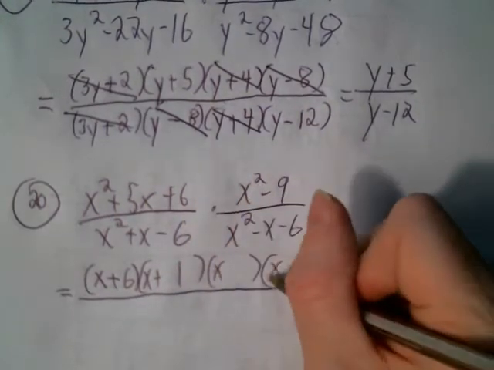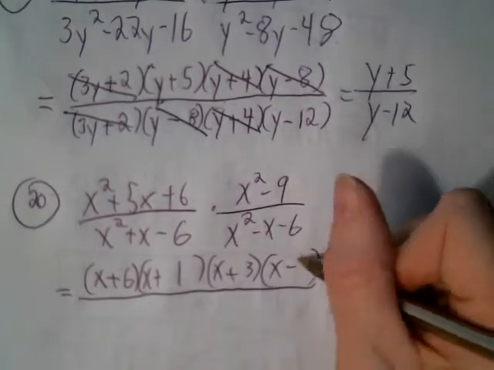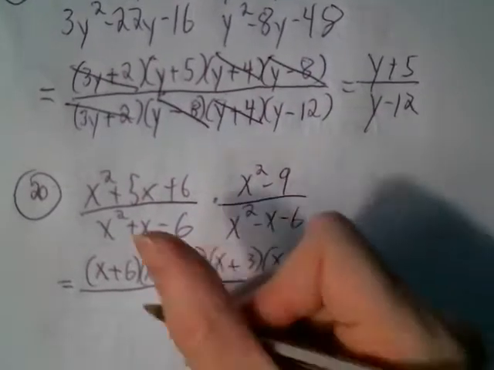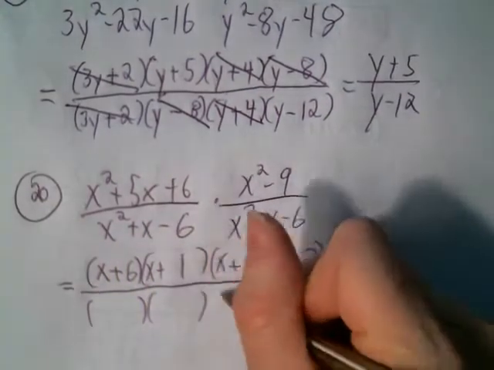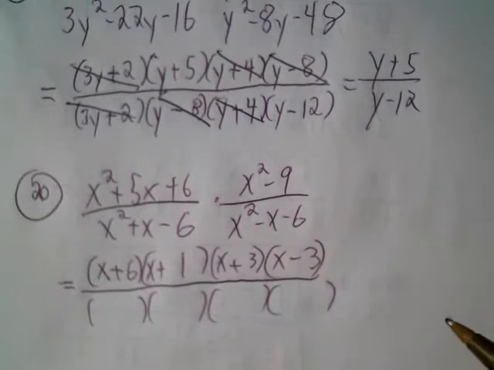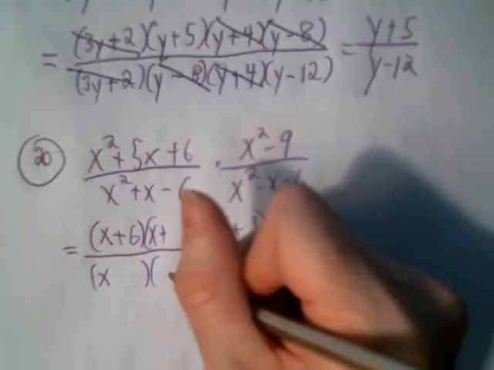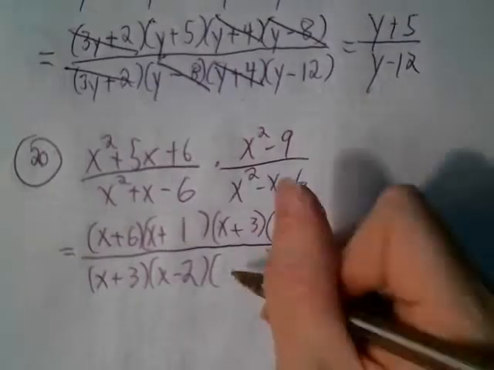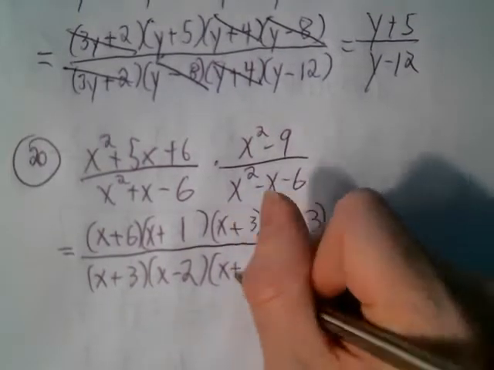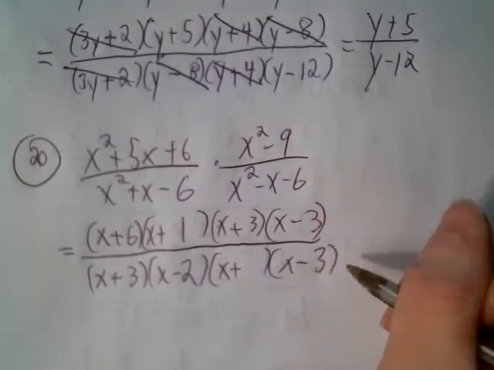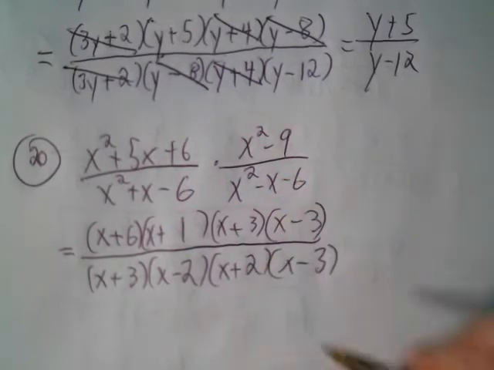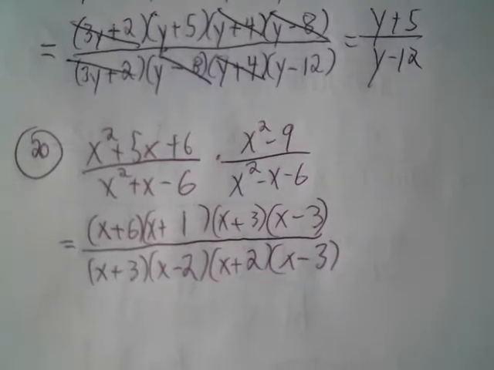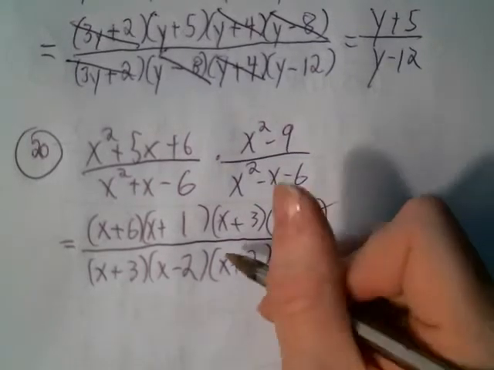Second guy, x and x plus minus, 3 and 3. Downstairs, x plus minus, the big one's 3, the small one's 2. X plus minus, this time the big one is negative. Okay, start removing stuff.